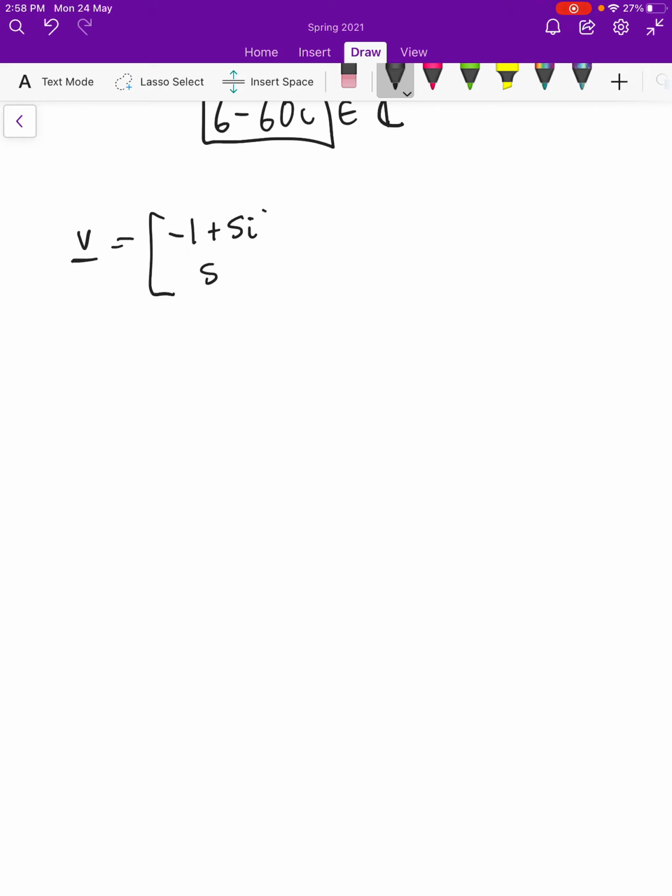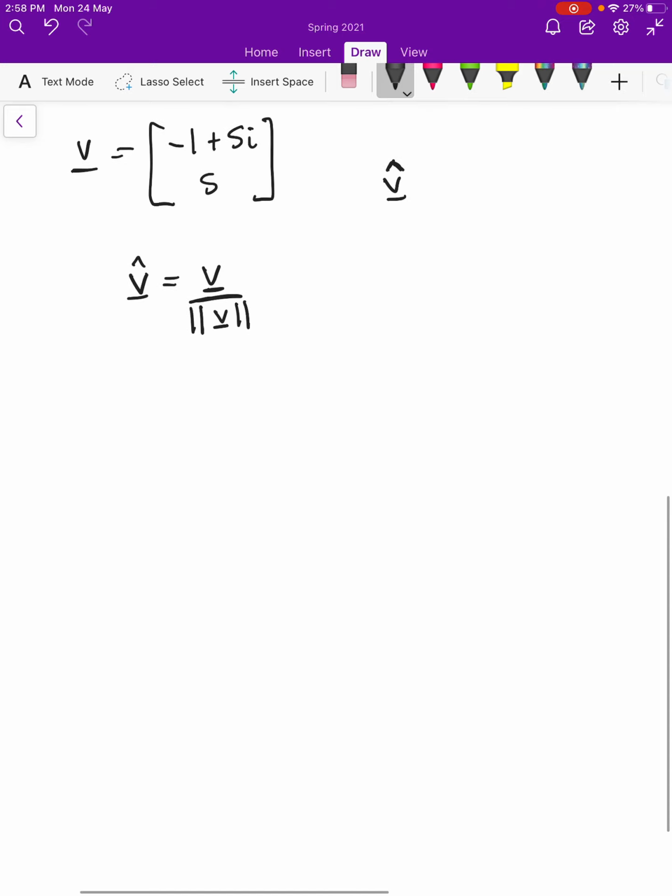That's our topic for today. And we essentially just want to find v hat, which is how we denote a unit vector. Now, you might remember that v hat is just equal to the vector v divided by the norm of v.